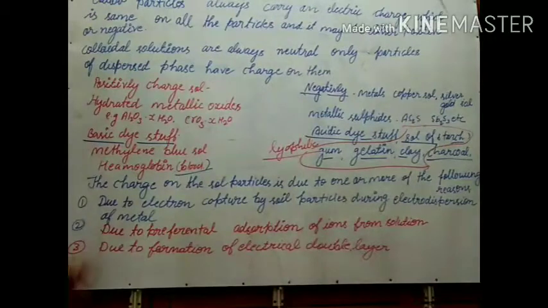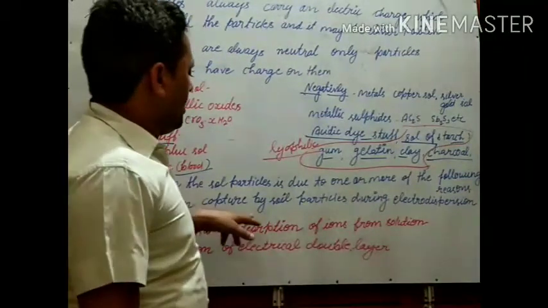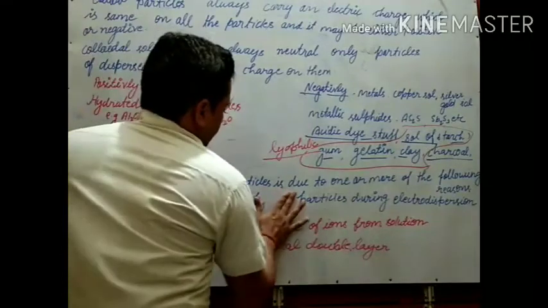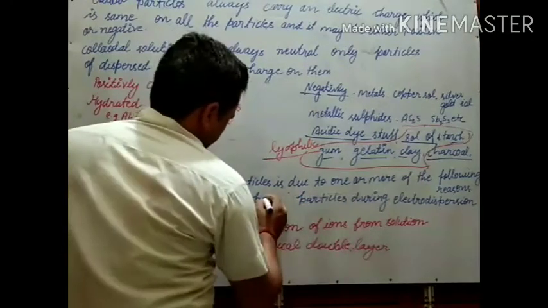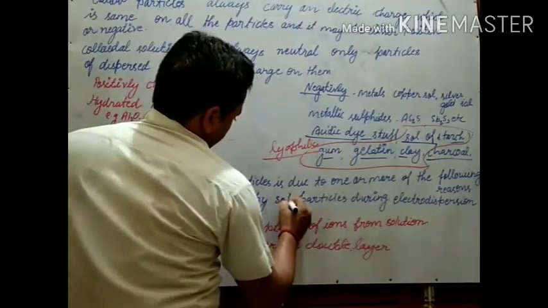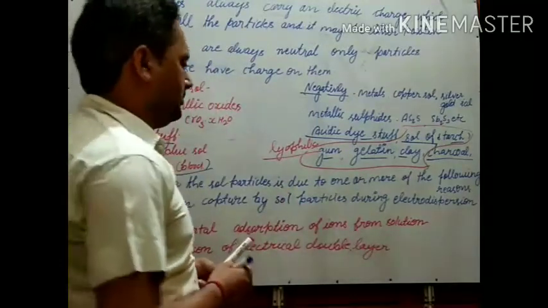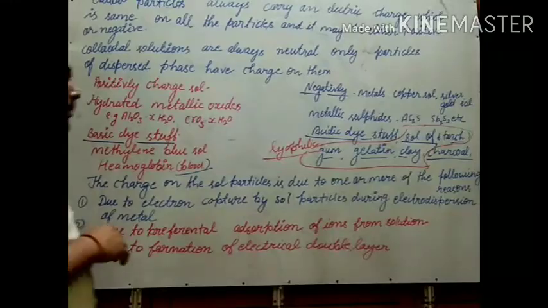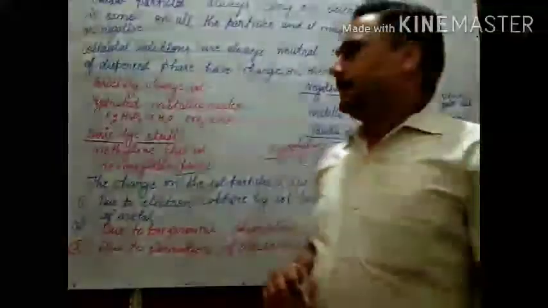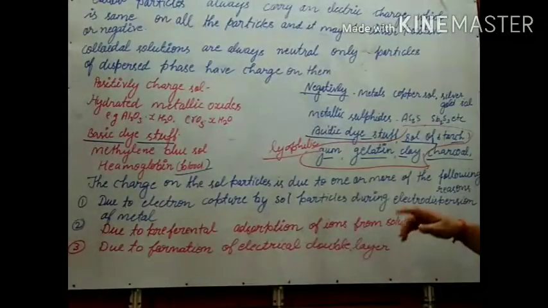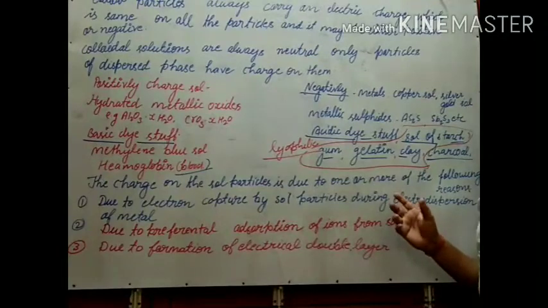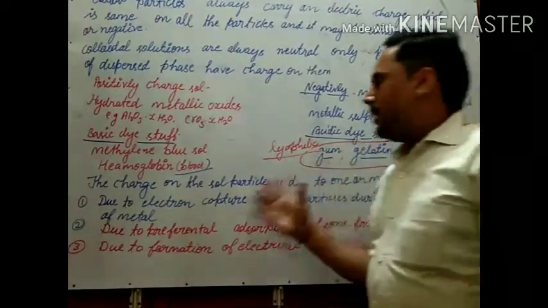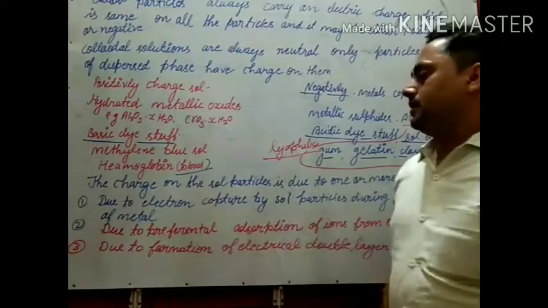First is due to electrons captured by solid particles during electrodispersion of metal. In the electric arc method, electrons are captured by the metals.